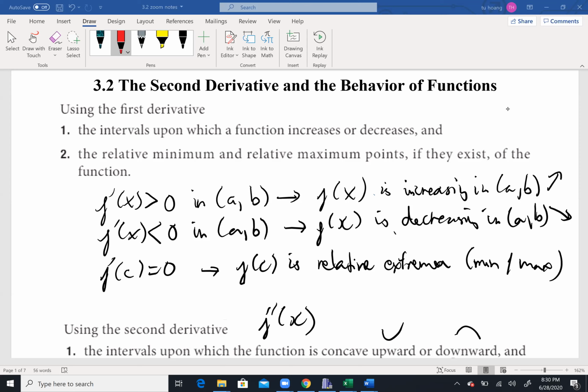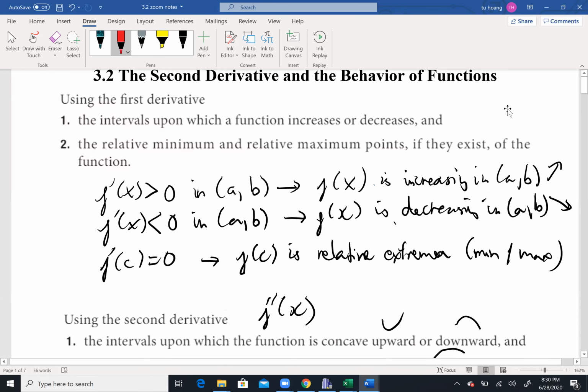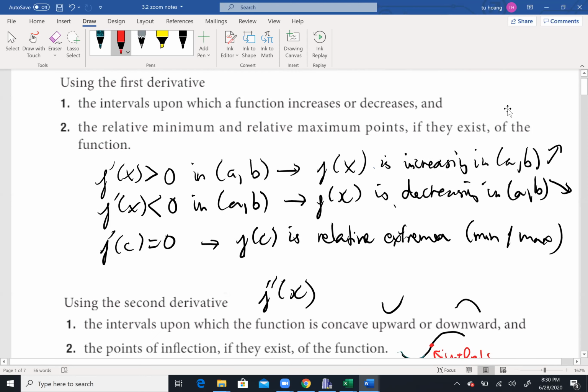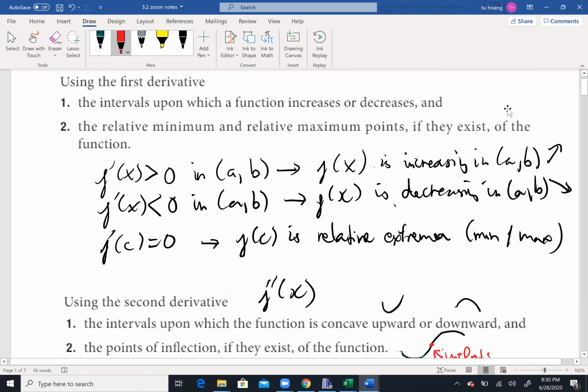I also remind you that with the first derivative, if f derivative of x is greater than 0 in a to b, that's going to give you f of x is increasing in a to b. In the other case, if f derivative of x is less than 0 in a to b, that gives me f of x is decreasing in a to b.